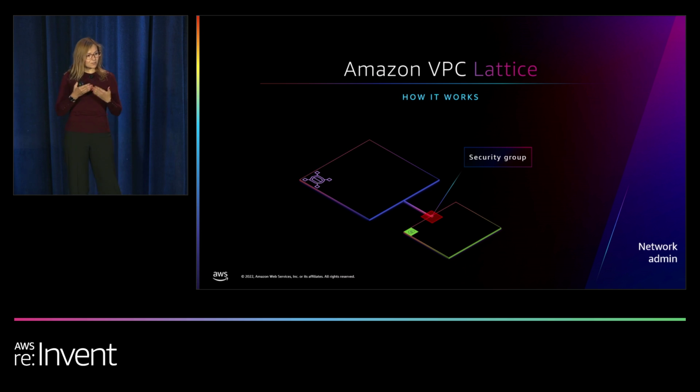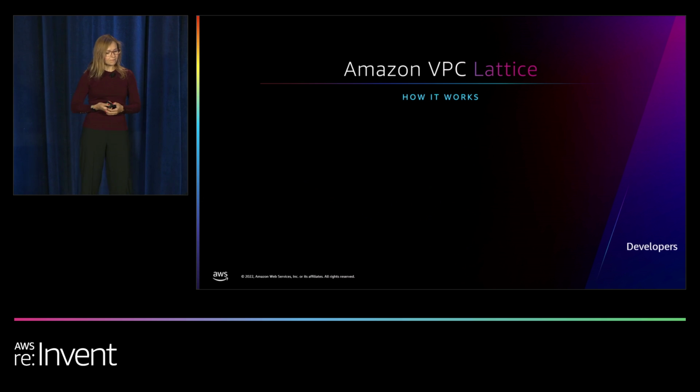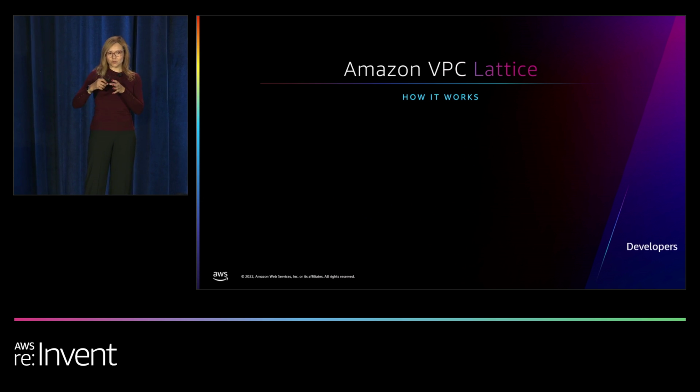Therefore, it is not an ENI in your VPC. You folks may be familiar with the 169.254 space from the instance metadata services, NTP, and so on. It is the same IP space that we're using. With this security group, you can control who gets access to Amazon VPC Lattice.